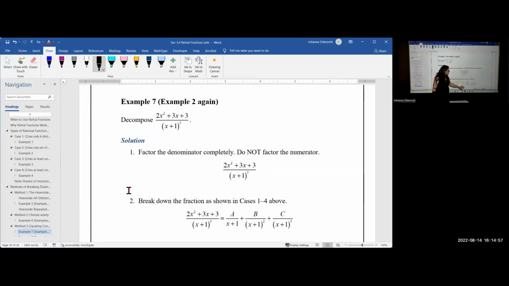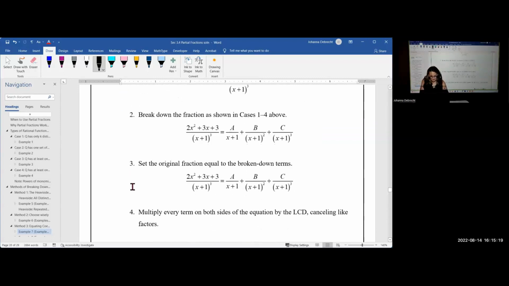So we get a over x plus 1 plus b over x plus 1 quantity squared plus c over x plus 1 quantity cubed. Remember, when the linear factor shows up multiple times, you need one denominator for each power. But the factor itself is linear, so all numerators are constants.